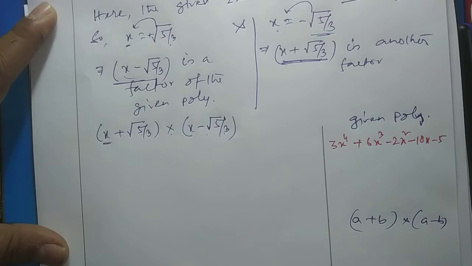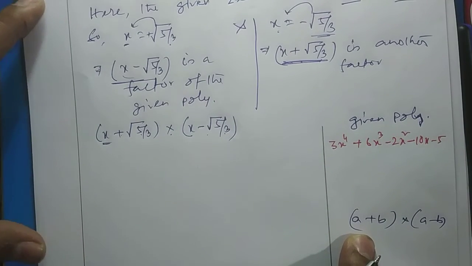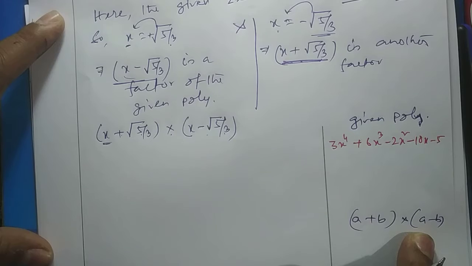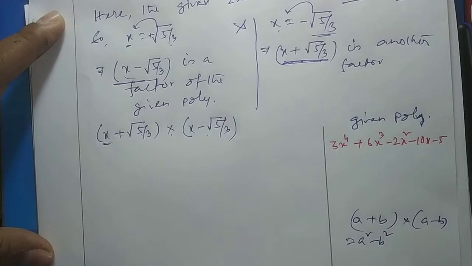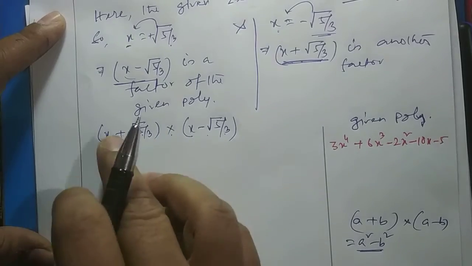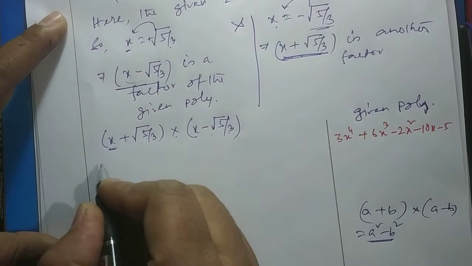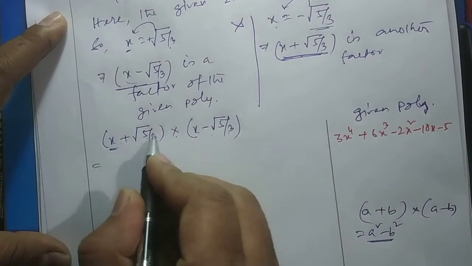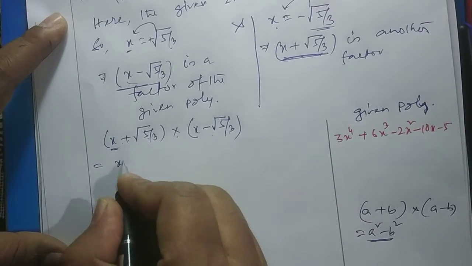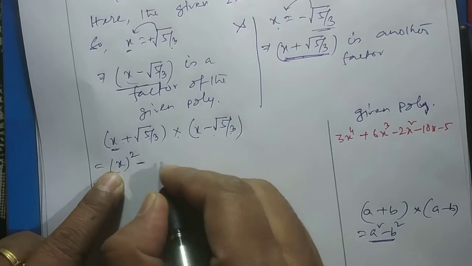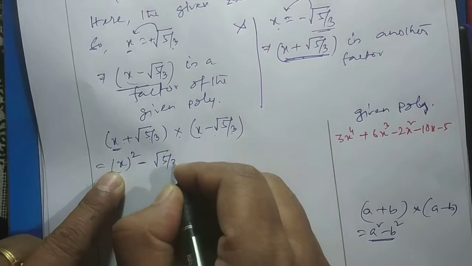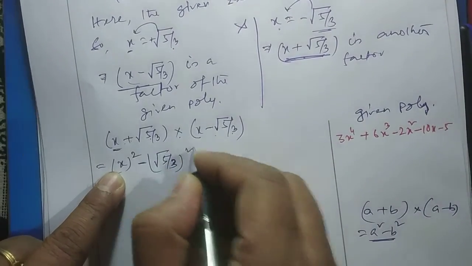Correct? Now tell me, what is the formula of a plus b into a minus b? We know it is a square minus b square. So let us apply this formula here to multiply. So a plus b into a minus b will be a square, means x square, minus b, means root over 5 by 3 whole square.